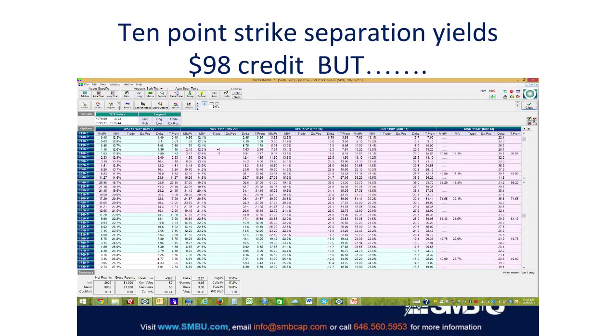So let's take a look at today's example. Suppose you put your short strike at 2100 on the SPX, and you wanted to experiment with the results of a long strike at various strike separations. So let's first of all take a look at the closest strike, which is 2110. If you were to sell the 2100 call in the November monthly expiration and buy the 2110 call, that net credit would be $98.